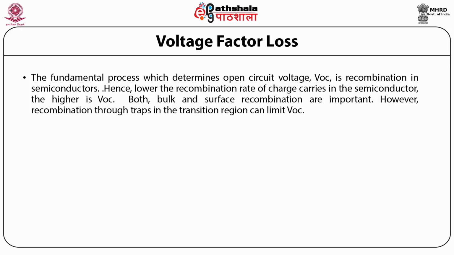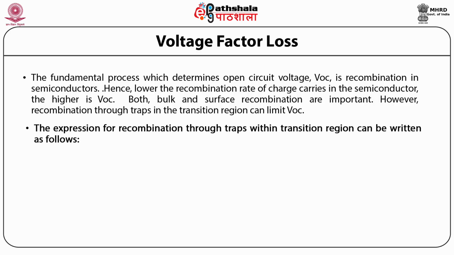Hence, the lower the recombination rate of charge carriers in the semiconductor, the higher is VOC. Both the bulk and the surface recombination are important. However, recombination through traps in the transition region can limit the VOC.